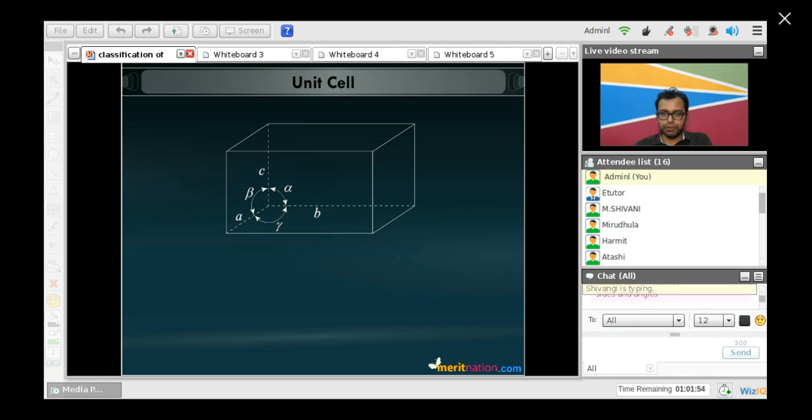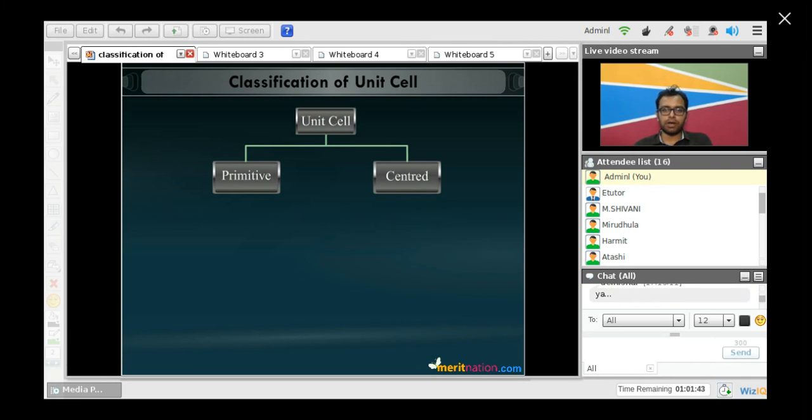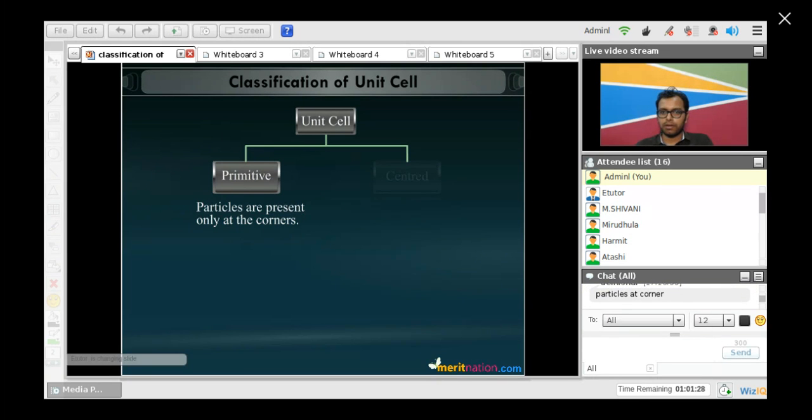Now if you change any of the parameters, you will observe different types of unit cells as you keep changing the parameters, right? Unit cells can be divided into 2 different parts. One is the primitive unit cell and another is the centered unit cell. In the primitive unit cell, particles are present only at the corners, right?